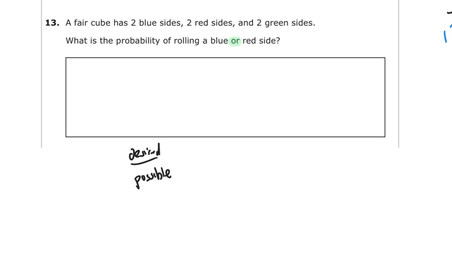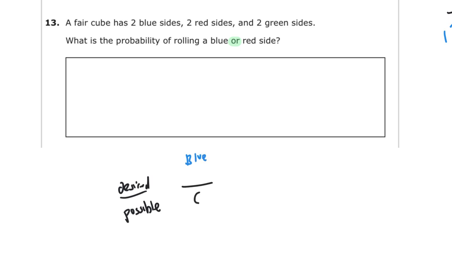You can think of a dice, right? One of those 6 faces will land up. So therefore, there are 6 possibilities.